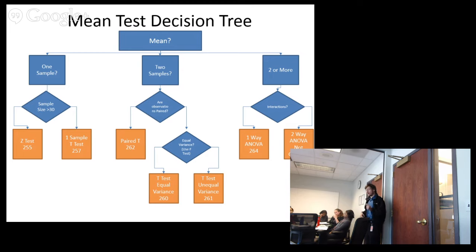So again, when we talked about gauge R&R, we talked about the purpose of a gauge R&R is to partition the variation into three buckets. The variation due to the parts, so that's how the sandwich changes from sandwich to sandwich. The variation that's due to the measurement system, that's if you were to measure with the same operator multiple times with the same tape measure.